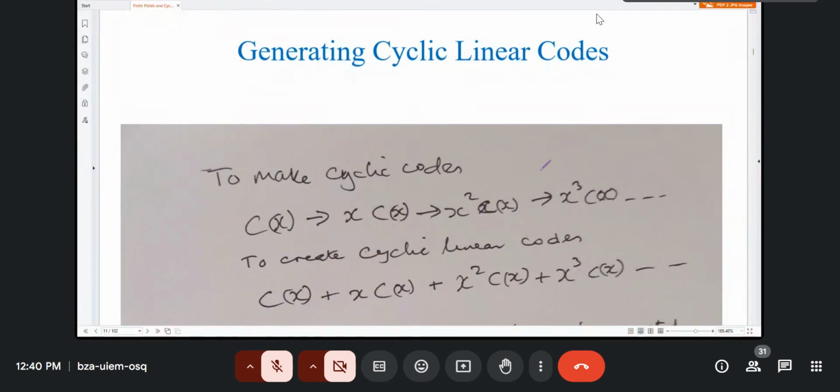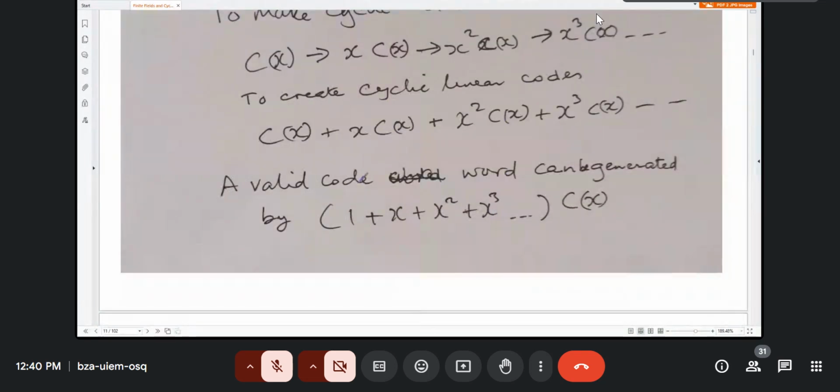And this creates a cyclic code. And to make it linear, what we have to do is just add these. Adding these actually creates cyclic linear codes.